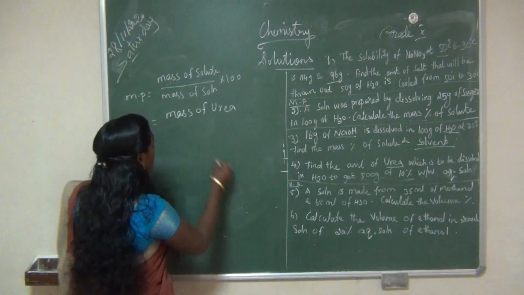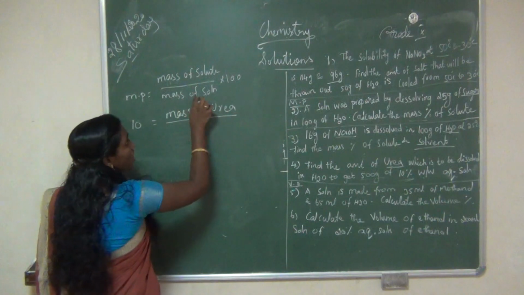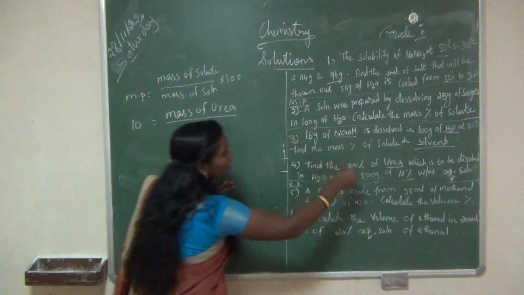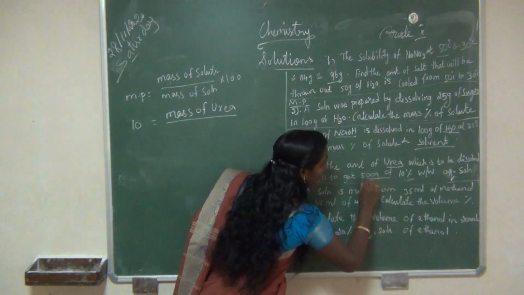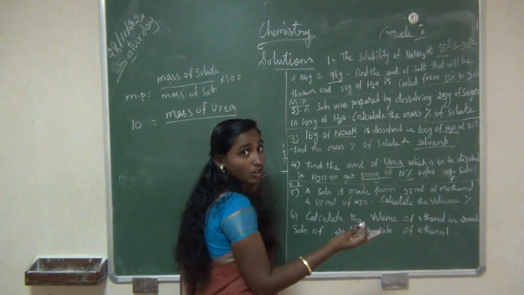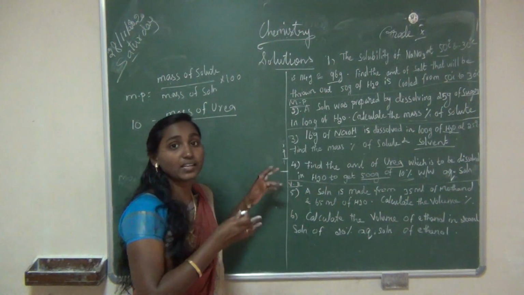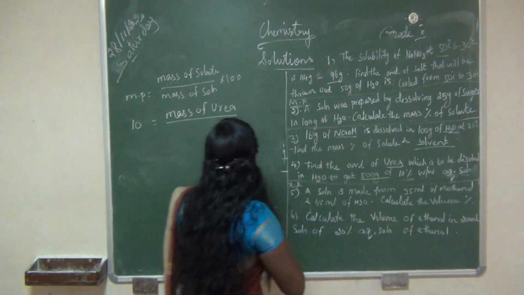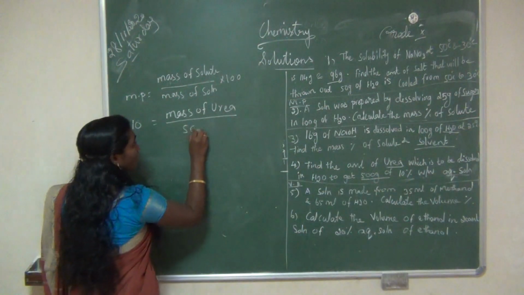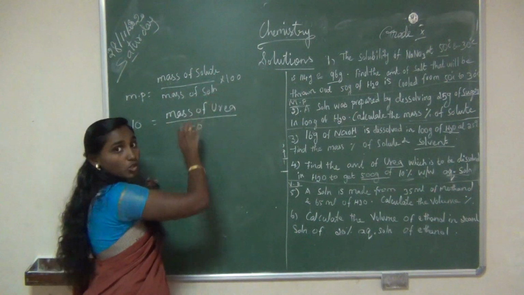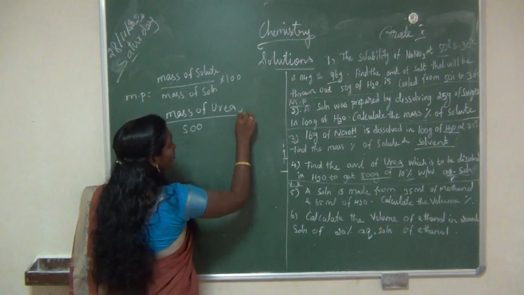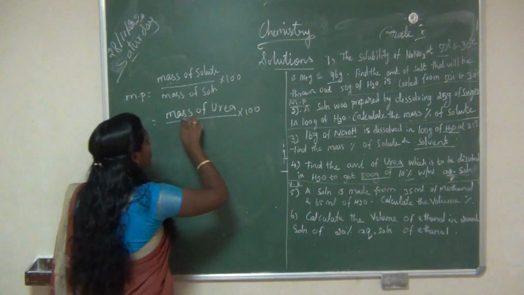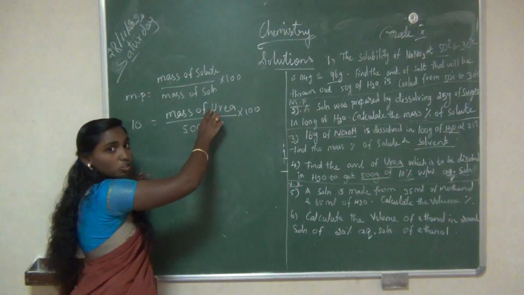Mass of urea divided by mass of solution. In the question they gave the solution only. They did not give solute and solvent separately. In the aqueous solution only they gave. So directly we can apply that value 500. Mass of solution 500 into this 100. So this mass of urea we are going to find out.